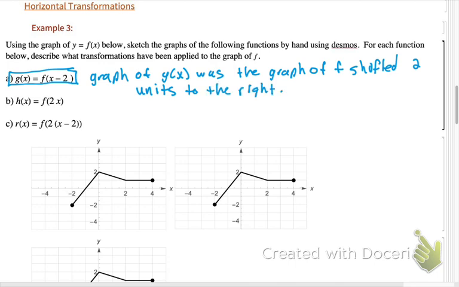It's just strange that it works that way, and we'll talk about why in just a moment. But when you see x minus 2, it's a shift to the right. If we would have seen x plus 2, the graph of g is a shift of the graph of f 2 units to the left.